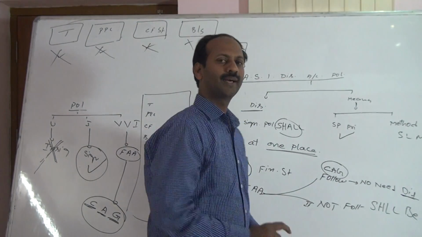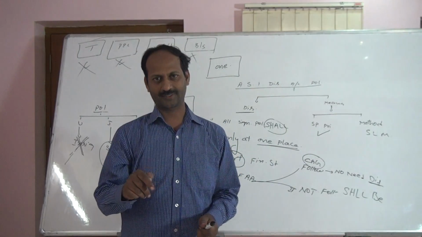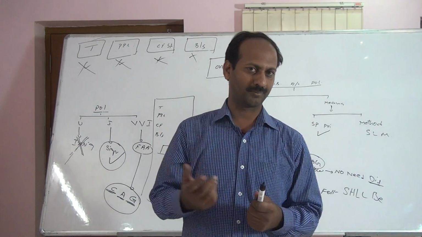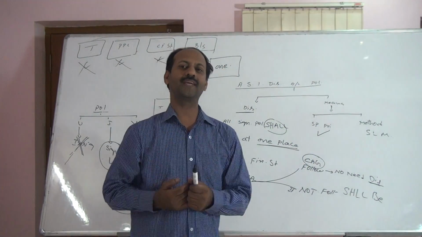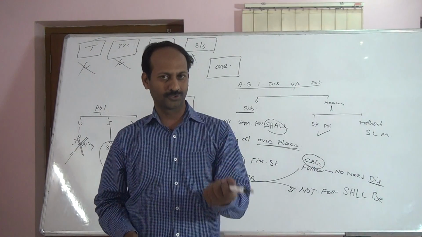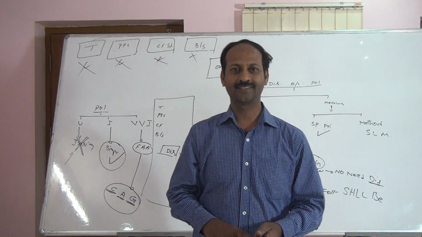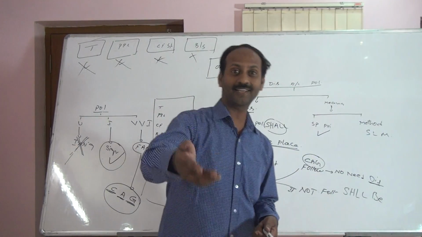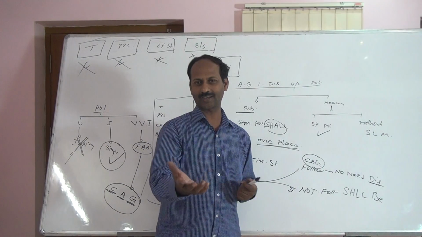The reason is, for example, one person came to my office to meet me. At that time I am not available. Later, my assistant gives me information that, sir, somebody came to our office to meet you. He has a pant, he has a shirt, he has shirt buttons, he has chappals.